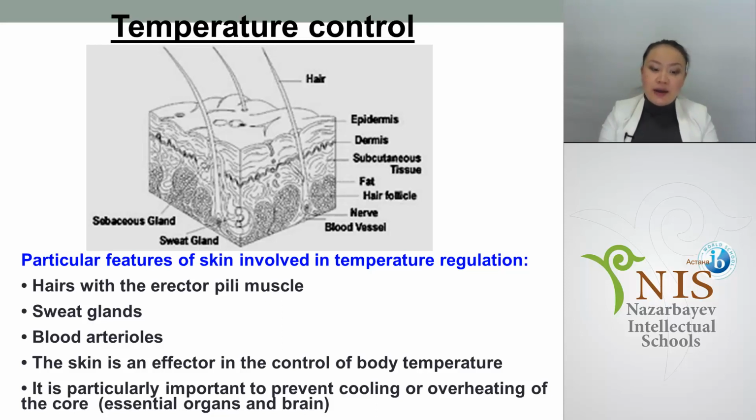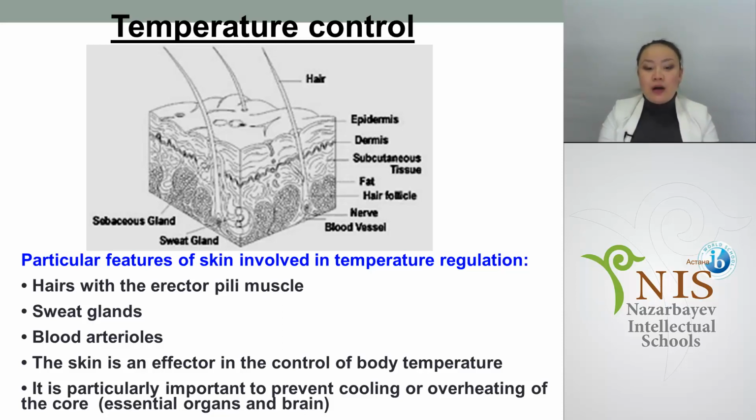Okay, temperature control. Particular features of skin involved in temperature regulation: hairs with the erector pili muscle, sweat glands, blood arterioles. The skin is an effector in the control of body temperature. It is particularly important to prevent cooling or overheating of the core, essential organs and brain.